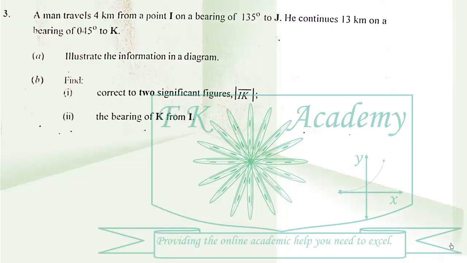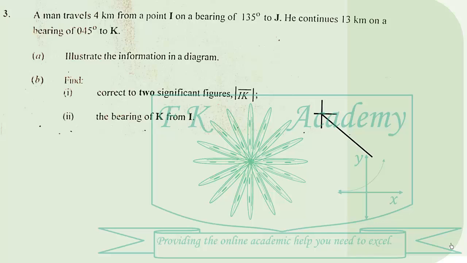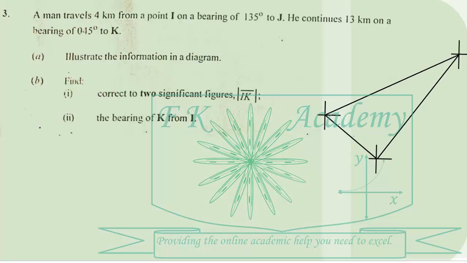Question 3 is on bearings. A man travels 4 kilometers from a point I on a bearing of 135 degrees to J. He continues 13 kilometers on a bearing of 45 degrees to K. We are to illustrate the information in a diagram.